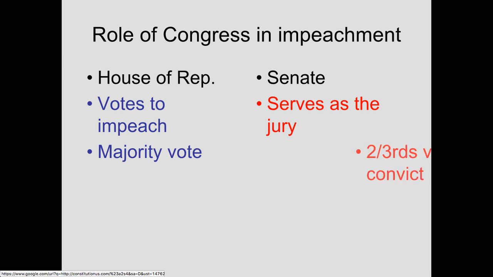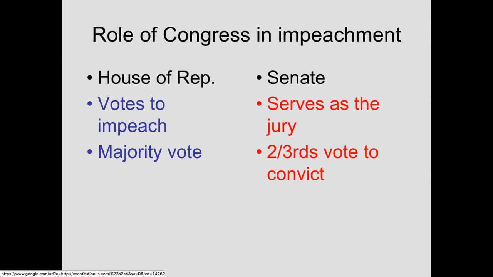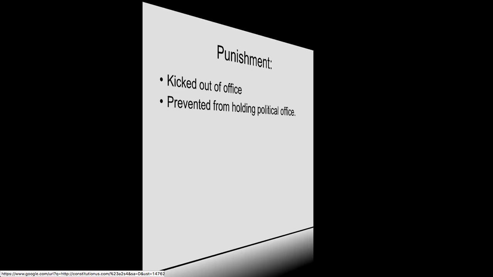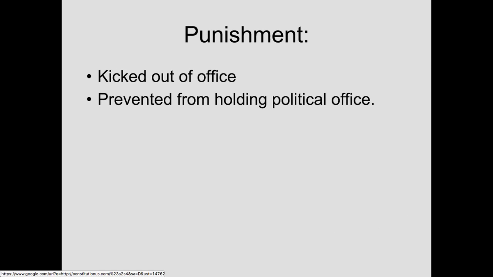And it takes a 2/3 vote of the Senate, so 67 senators, to convict in an impeachment case. If they do impeach and convict, let's say, a president or a judge, the most that the Constitution allows the Senate to do is kick them out of office and prevent them from holding other political offices.